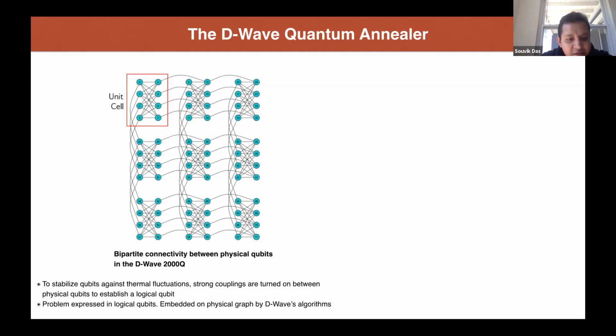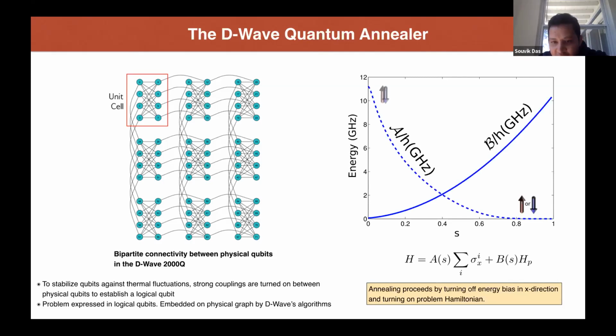The problem is always expressed in terms of logical qubits, and the D-Wave company itself gives you some embedding algorithms that take you from the physical graph to the logical graph you're looking for. On the right, as I said, the annealing proceeds by turning off one of the potentials, which is the A potential, and turning on the B potential, which is the problem Hamiltonian. Okay, so that's the whole thing.